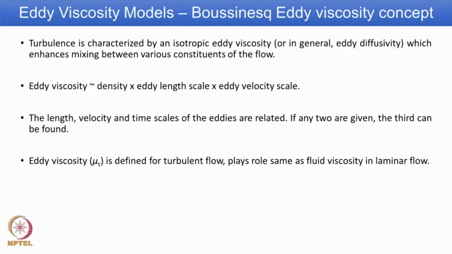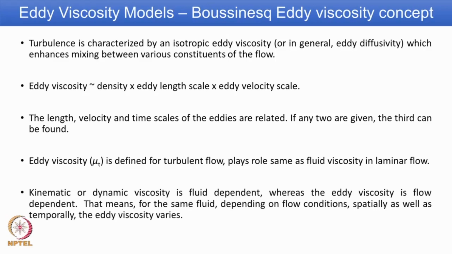We already know mu and nu defined for laminar flow. The kinematic viscosity or dynamic viscosity is fluid dependent. That means, you may have air, you may have water as a fluid media. Kinematic or dynamic viscosity is fluid dependent, whereas the eddy viscosity is flow dependent.